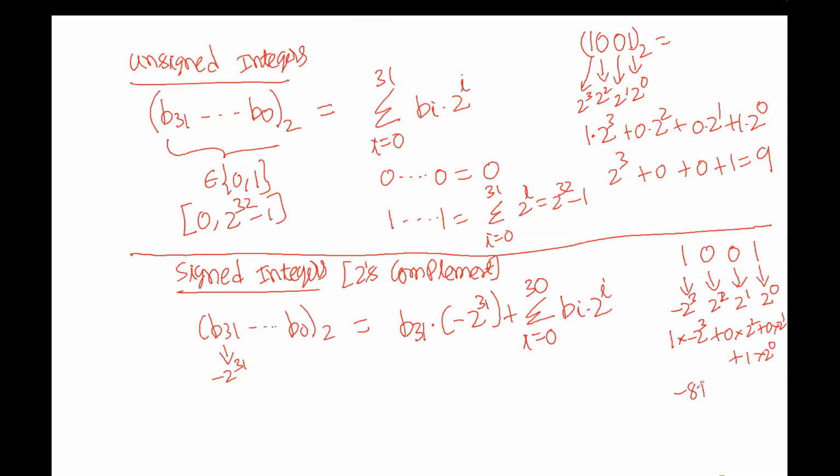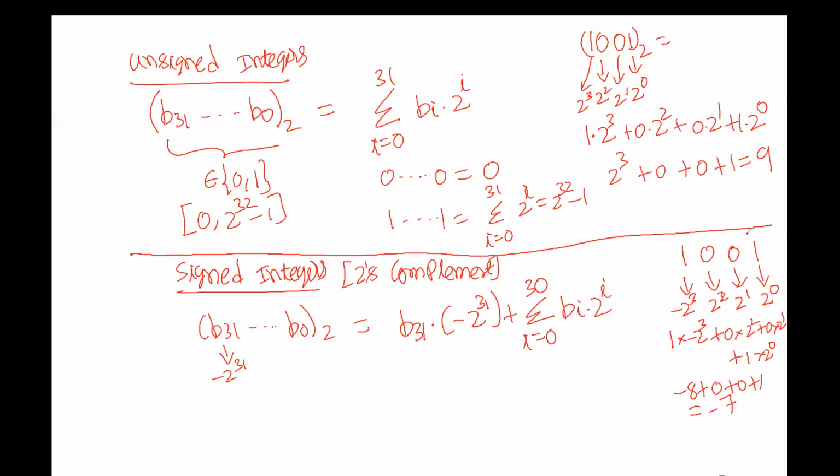This is equal to minus 8 plus 0 plus 0 plus 1, which is equal to minus 7. So the same bit pattern 1001, when you think of it as a 2's complement signed number, has a value of minus 7. But when you think of it as an unsigned number, its value is equal to 9.